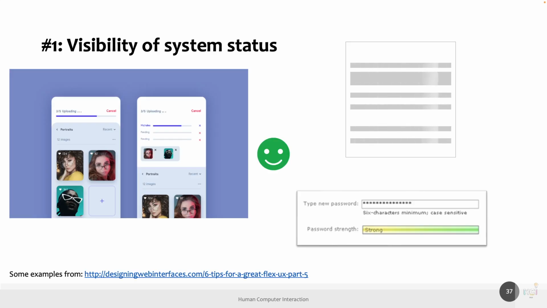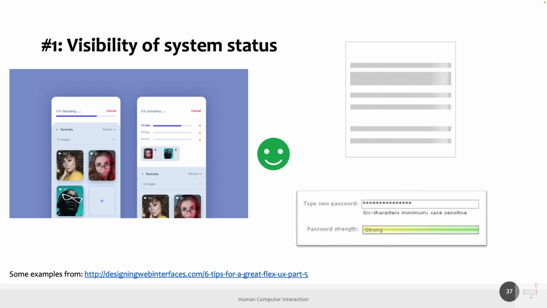Some examples. The green face is for good examples, and red will be for bad examples. Here, all of these screenshots can be considered, in my opinion, good examples. So, for example, in this mobile application, there is a progress bar on top indicating that 3 out of 5 images are uploaded.